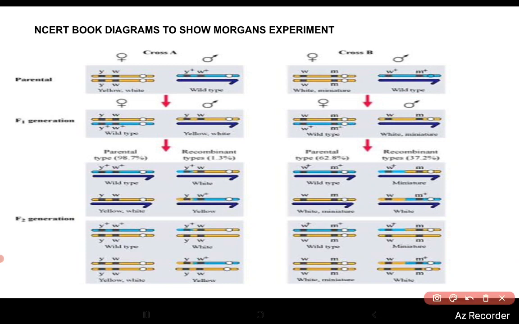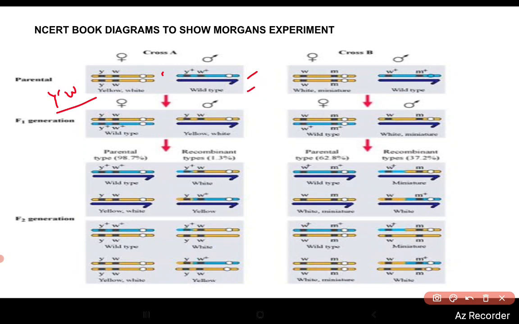So the gametes that are produced: the X chromosome is the same gamete, so we cross one gamete with one X chromosome of the male and one Y chromosome of the male.